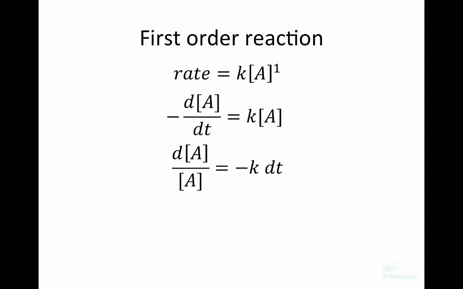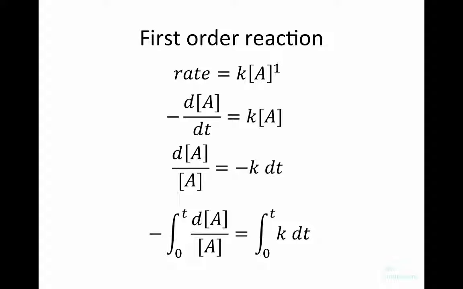So now we have rearranged things so that every term with concentration of A is on the left side of the equation, and everything that doesn't have the concentration of A is on the right-hand side of the equation. And now we can integrate it. We're integrating from time 0 to some random time t, and we'll talk more about what that time t means in our next video.